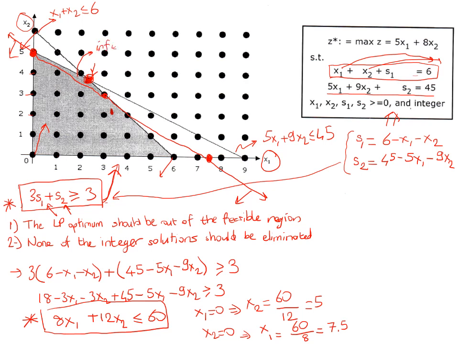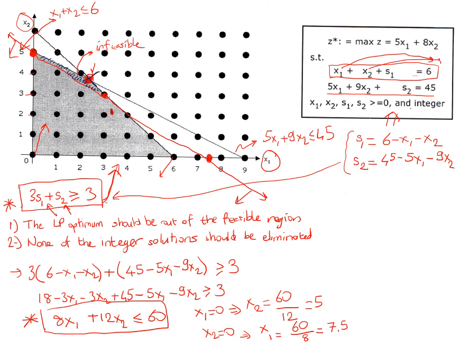With this cut, it's infeasible. It means that the old optimum solution, the LP optimum, is now out of the feasible region, together with all the solutions in this area. But if you check, all the black dots are still inside the feasible region, and it means that this is a valid cut.